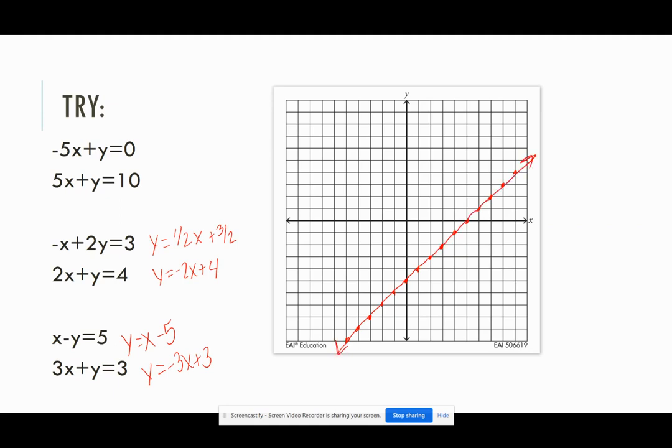The other one is plus 3. So we go down 1, 2, 3 over 1. And we can connect it. So when we connect it, we have 2, negative 3 as my final answer.